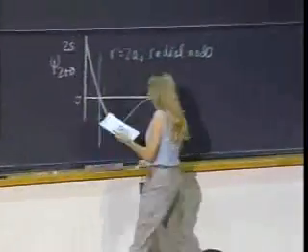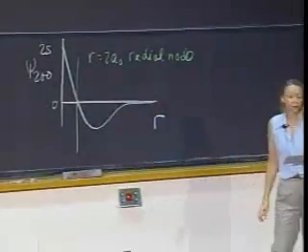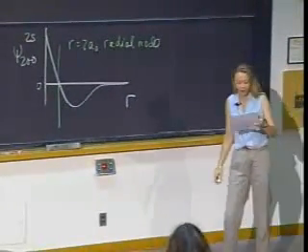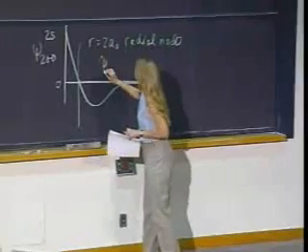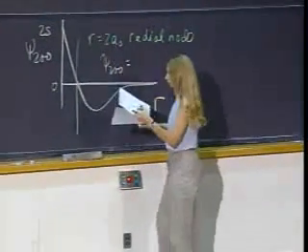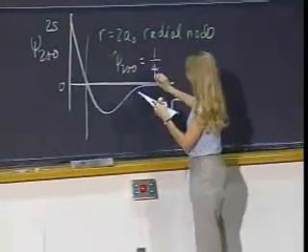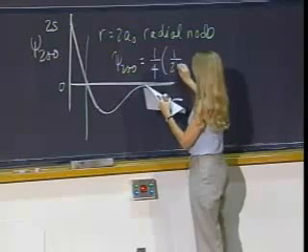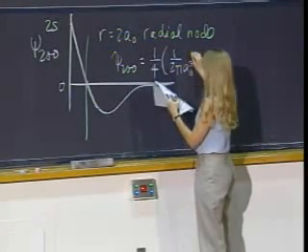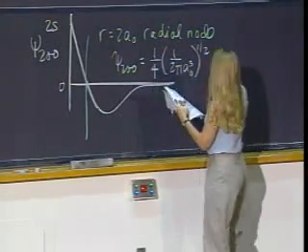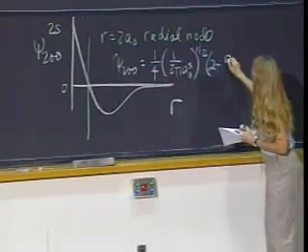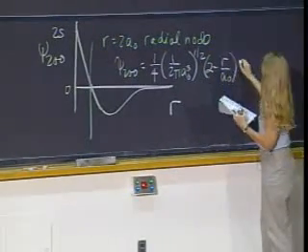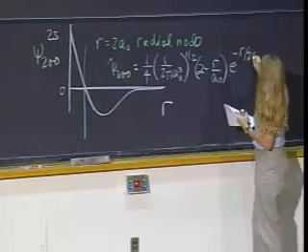So if you wanted to solve for the radial node, you would simply take the functional form for 2s, which is 1 over 2 pi A0 cubed to the 1/2 times 2 minus r over A0 times e to the minus r over 2A0.